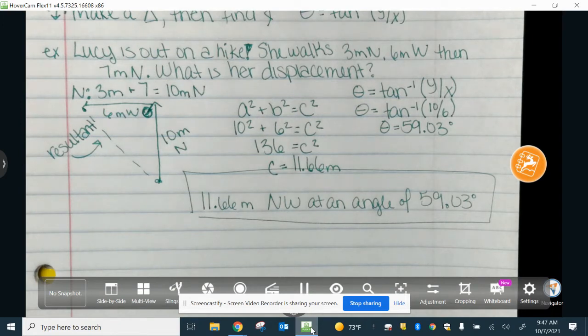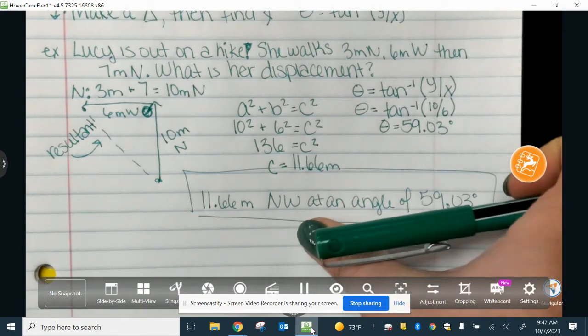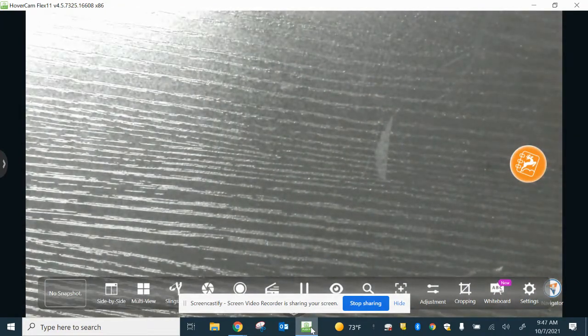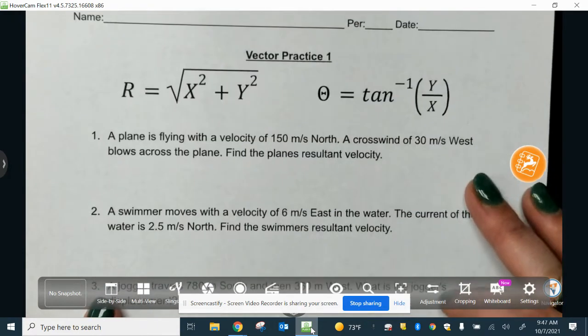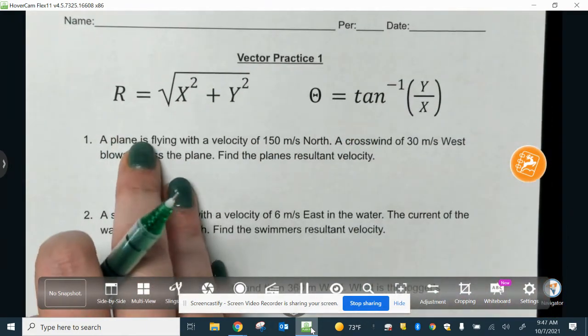Okay, I need you to look at the paper that you should have picked up on your way in. You're going to see these formulas on there. We just covered this one, so you should be good on this one. This one may look a little funny.